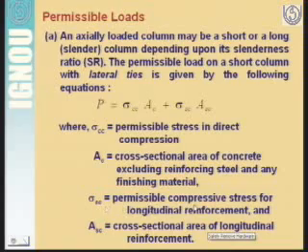Sigma SC is the permissible compressive stress for longitudinal reinforcement. Again you can find the value of sigma SC in code for various grades of steel. And ASC is the cross-sectional area of longitudinal reinforcement. So taking these values, you can easily find the load carrying capacity of the column.